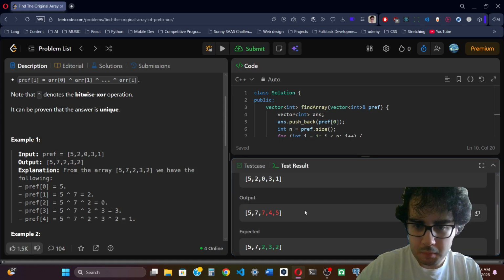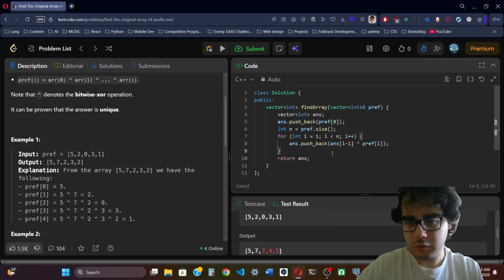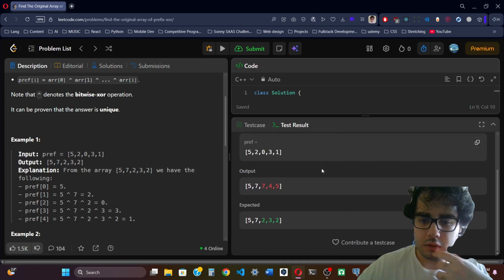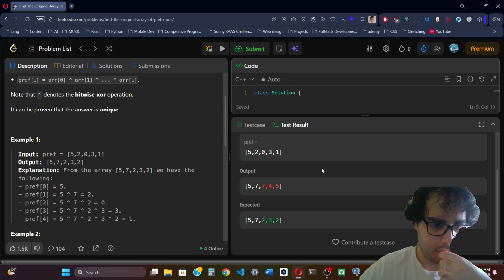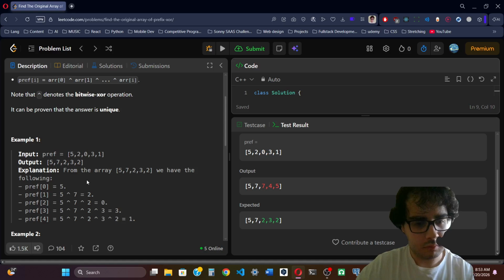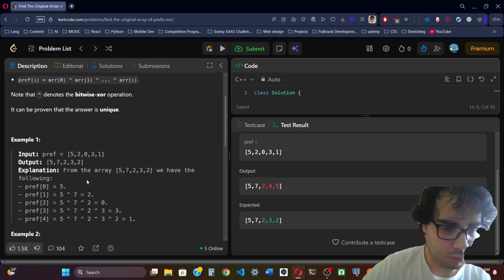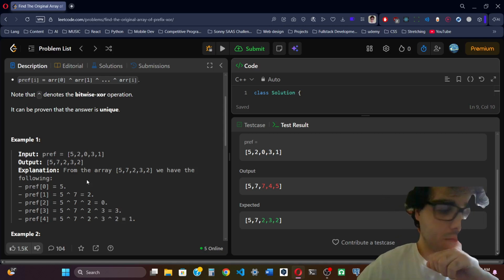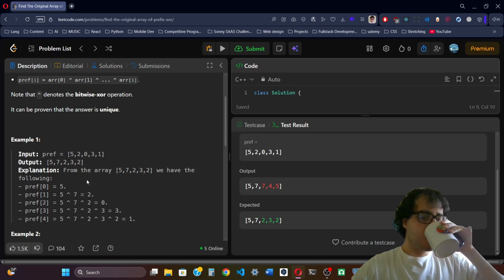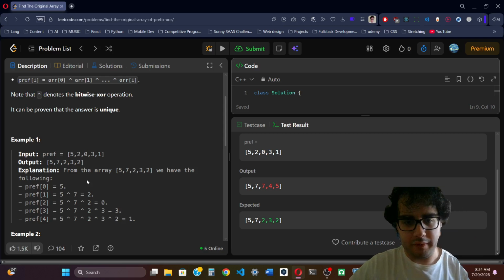Okay, first this case is wrong. So to do 2, we got 7, then we have 2, because 5 XOR 2 is 7.